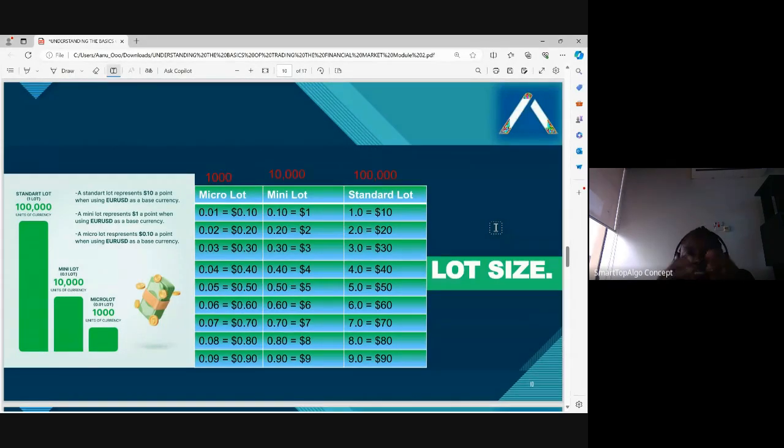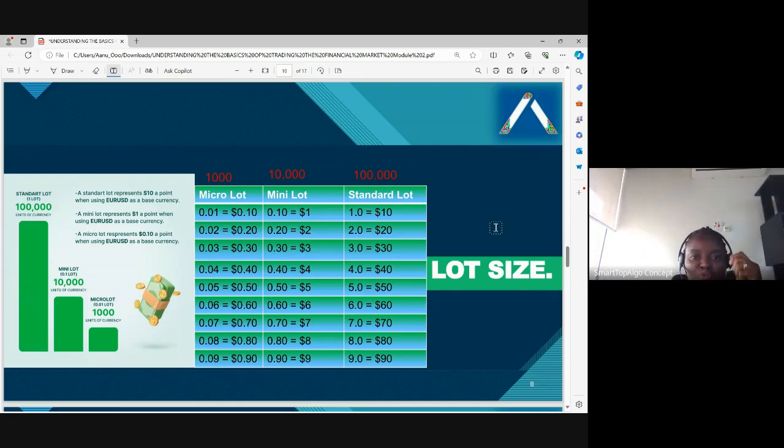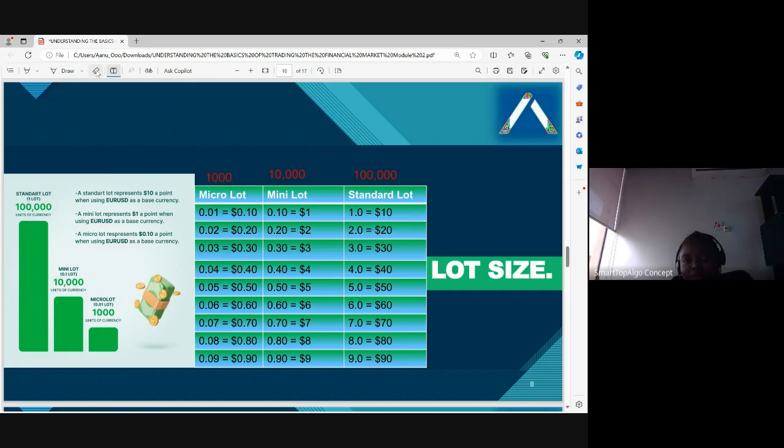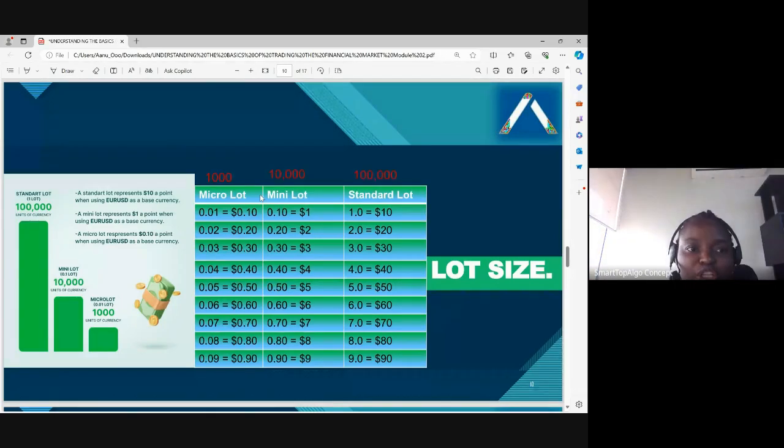So what it means is, the lowest money I need to be able to place a trade is $1,000. If I have any money lower than 1,000, I cannot use it to buy or to trade forex. So the lowest I can trade is 1,000.